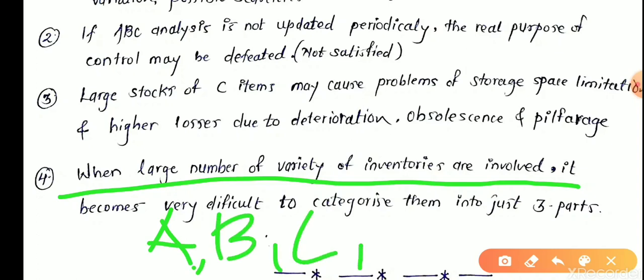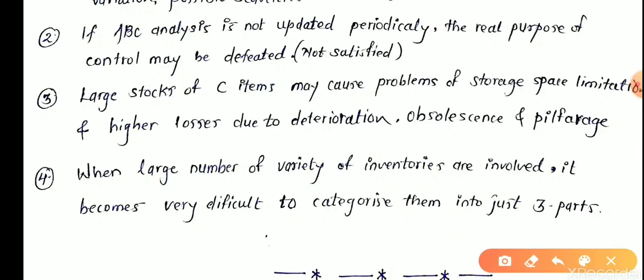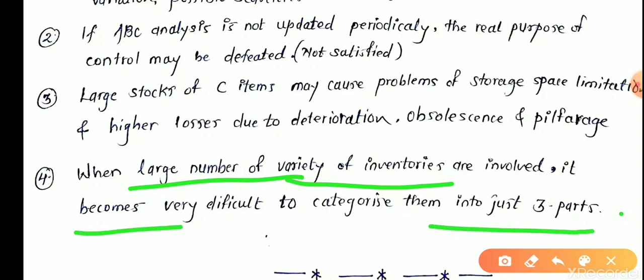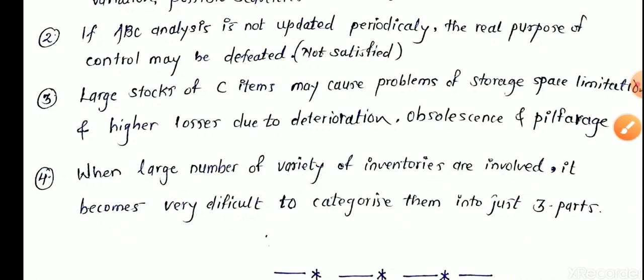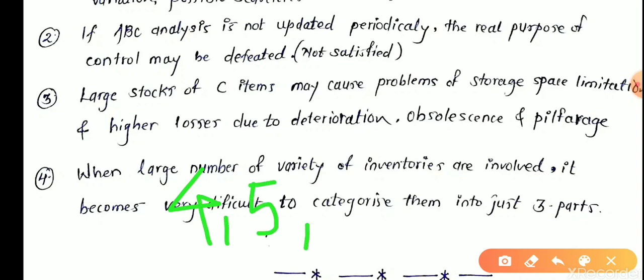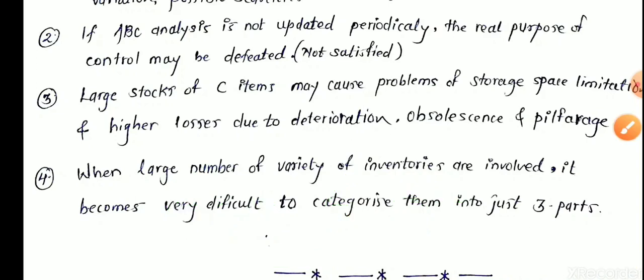We need D, E, F also, as the number or variety of inventories increases. Hence it is very difficult to classify into just three parts. It may be 4 parts, 5 parts, or 6 parts. It is not a hard and fast rule to classify given items into only 3 types.